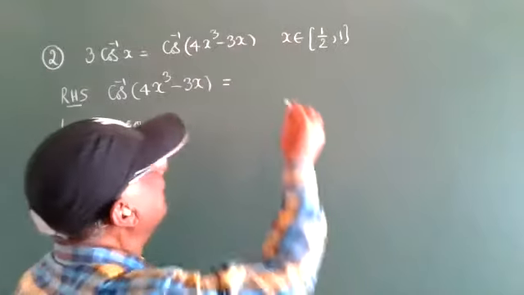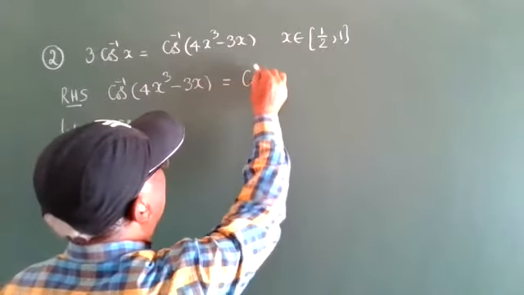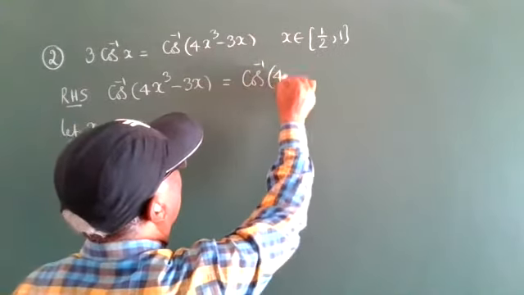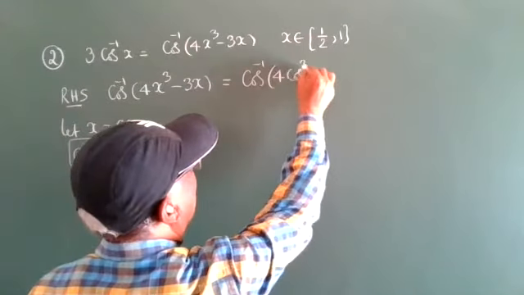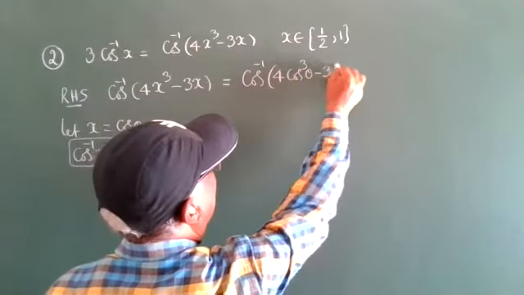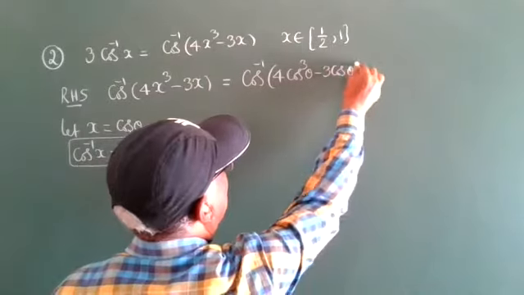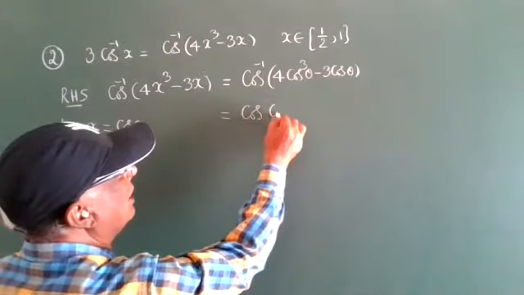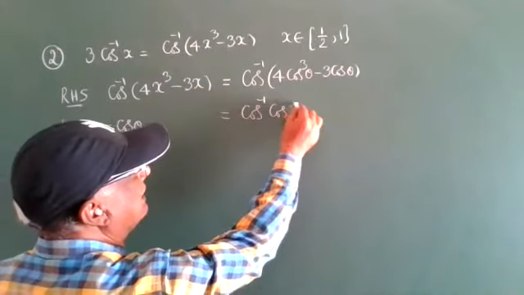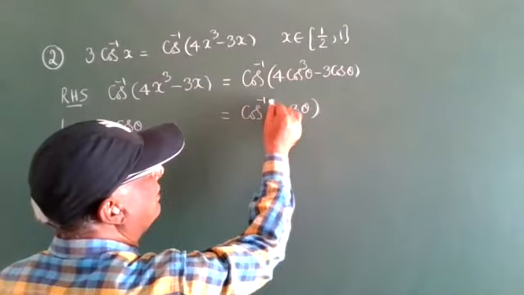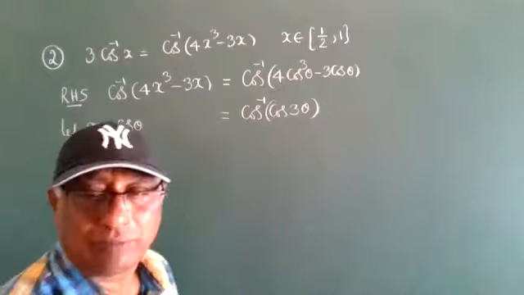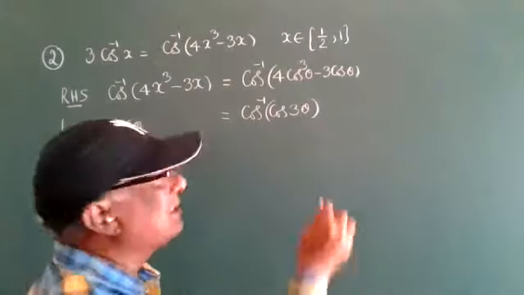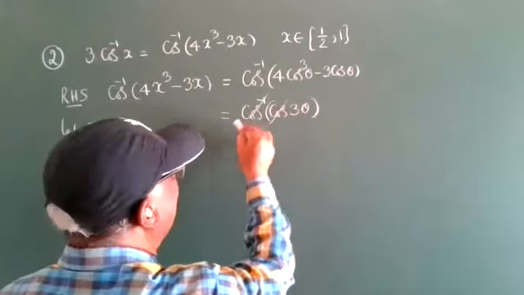Now substitute: cos inverse of 4 cos cube theta minus 3 cos theta. So this is cos 3 theta, the formula of cos 3 theta. Therefore, the cos and the cos inverse both are cancelled.